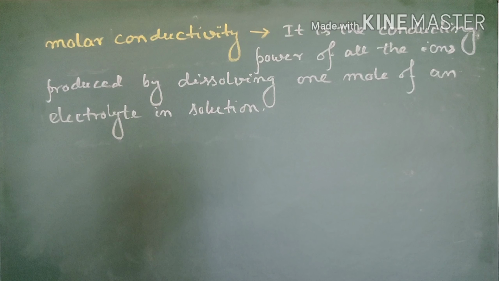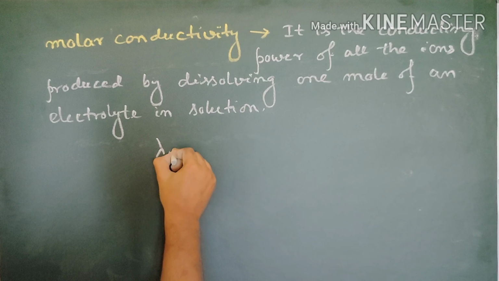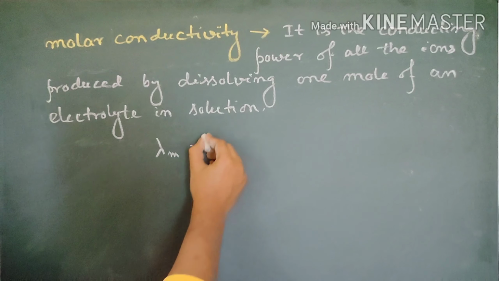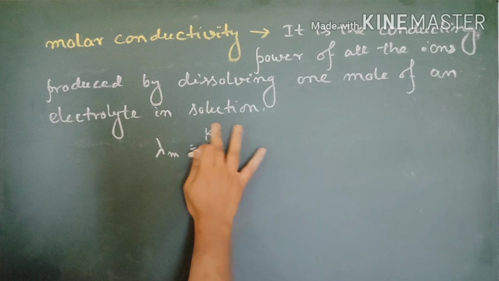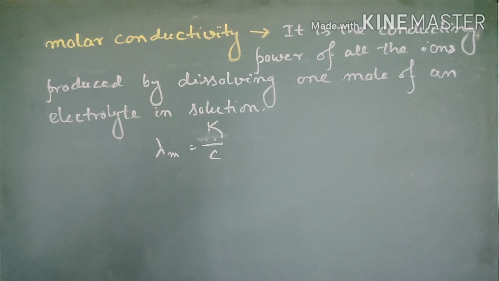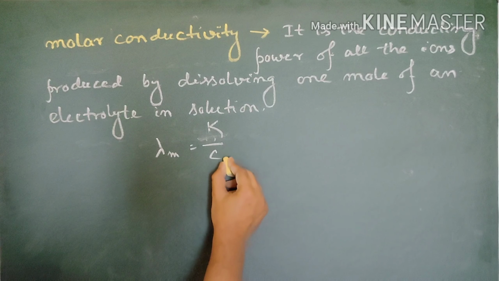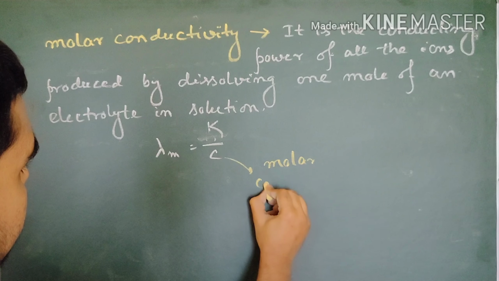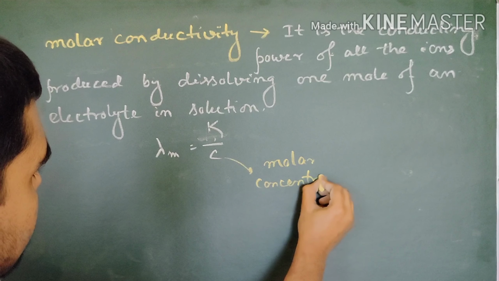So it is expressed as lambda m, and it is kappa by C. This C is the molar concentration, remember. Kappa we already know, and C is the molar concentration.